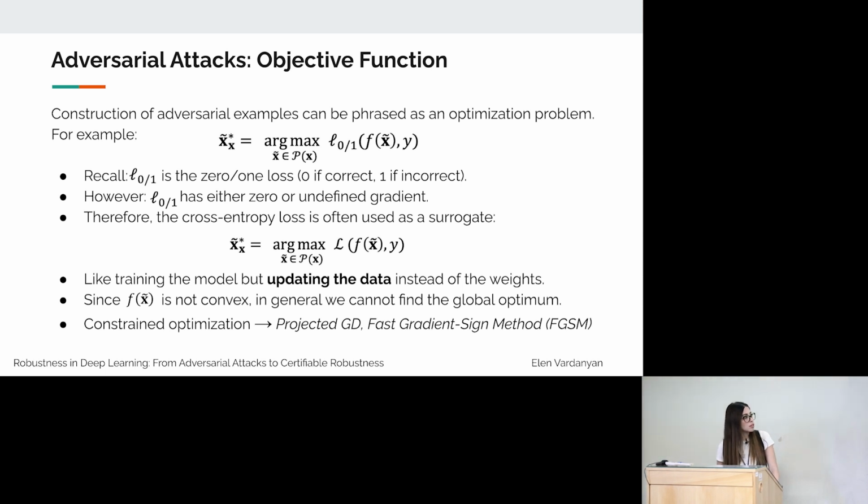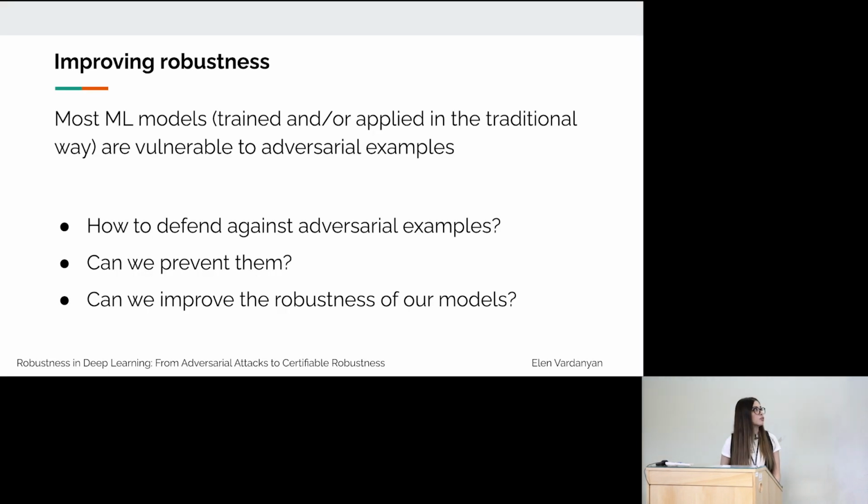Instead of stochastic gradient descent and other similar algorithms, we will use algorithms specifically designed for constrained optimization, for example, projected gradient descent and the fast gradient sign method. How can we improve the robustness of our model?